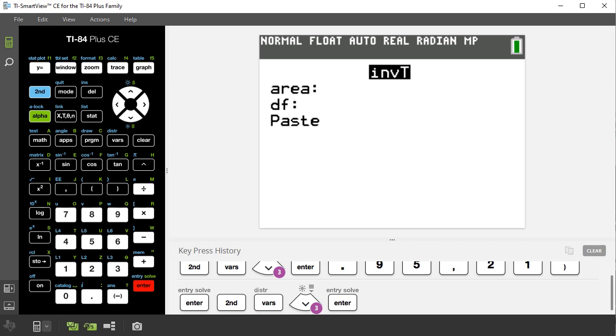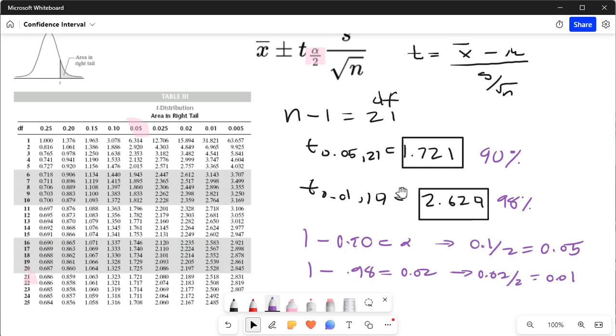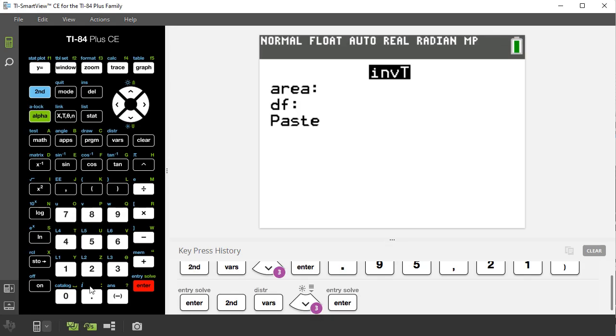And if we look back, the area for this one was 0.01, which means that the area in this case would have to be 99%, because you're accounting for the extra amount on the end of it, as we assume two-tailed.